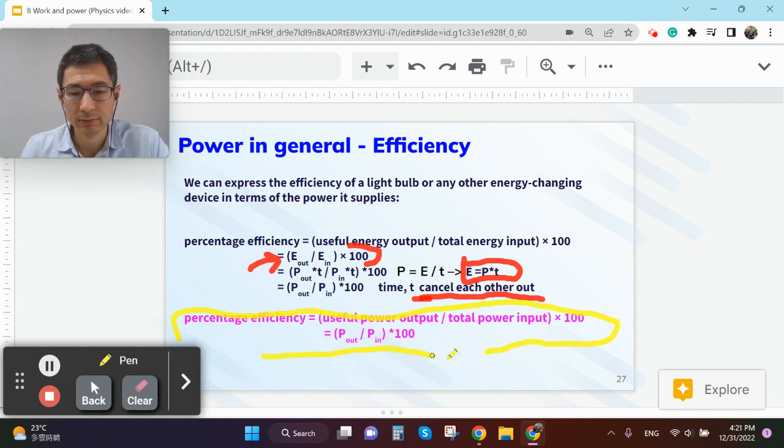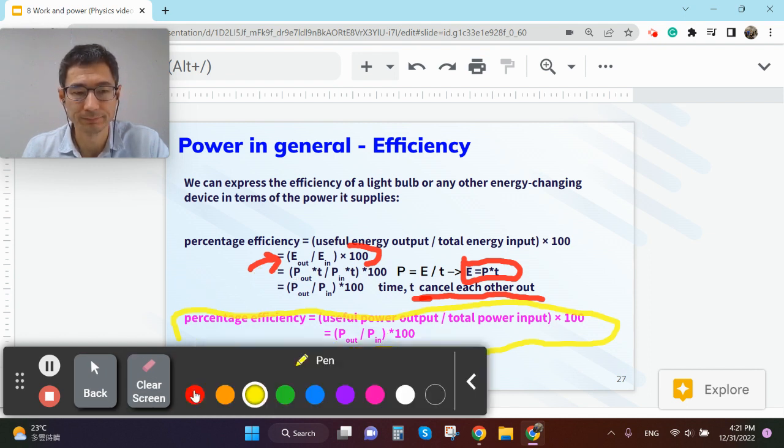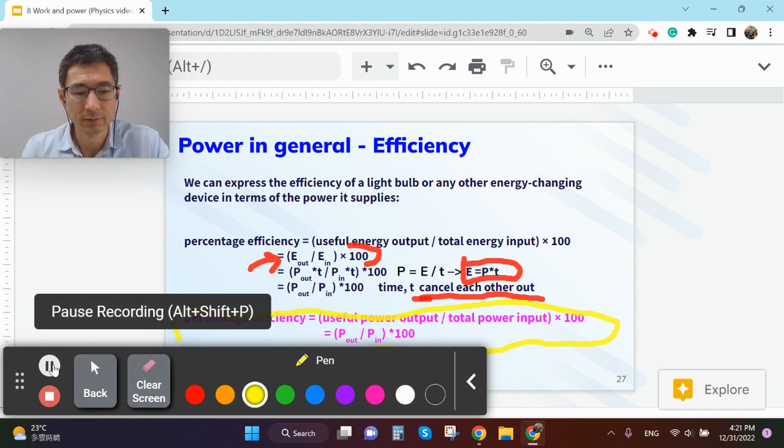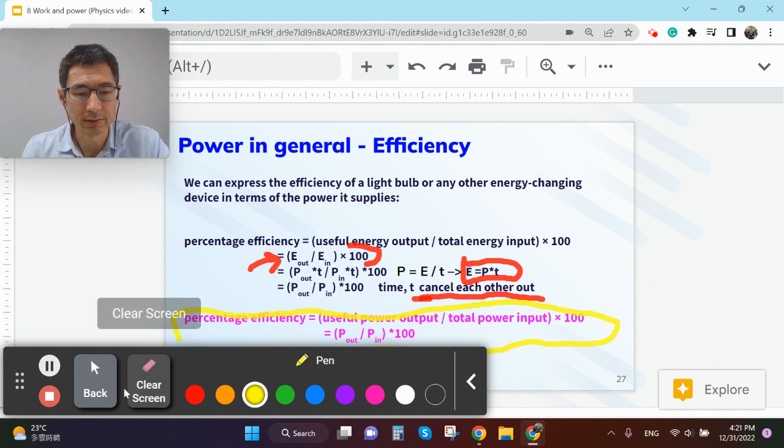And so I can calculate the percentage efficiency in terms of power.